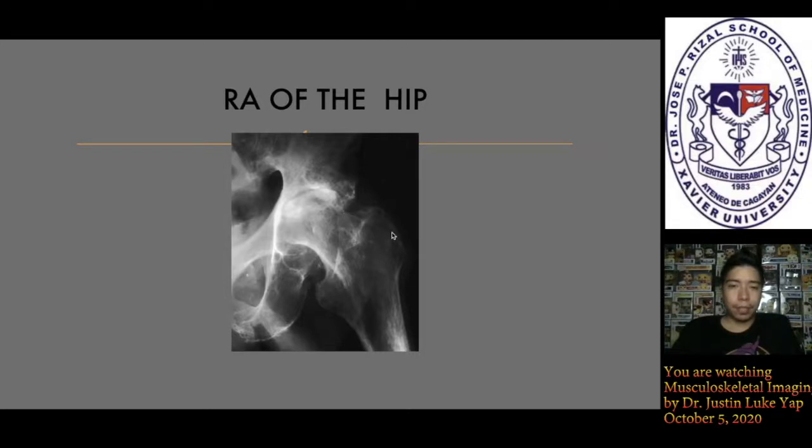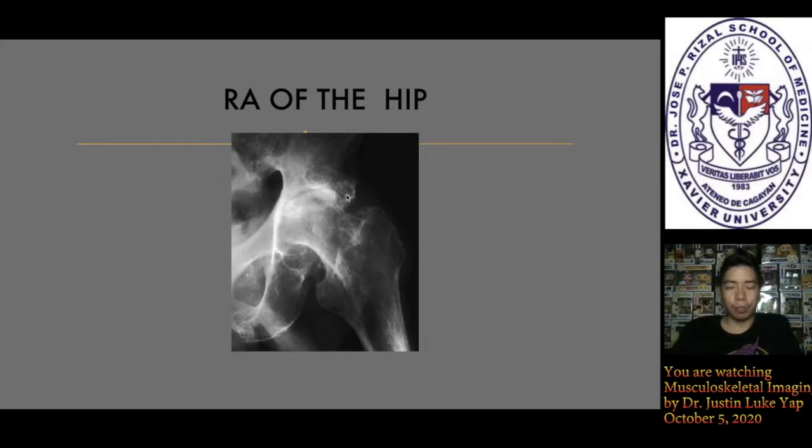For rheumatoid arthritis of the hip, it typically presents with axial narrowing of the joint space, meaning the femoral head will push towards the acetabular fossa in more or less the same angle of the femoral head, as opposed to osteoarthritis of the hip, wherein the migration of the femoral head is more superior.